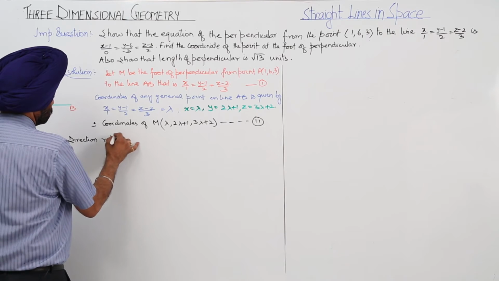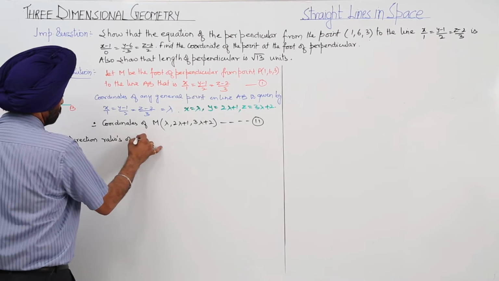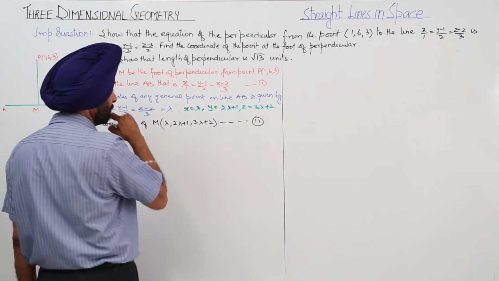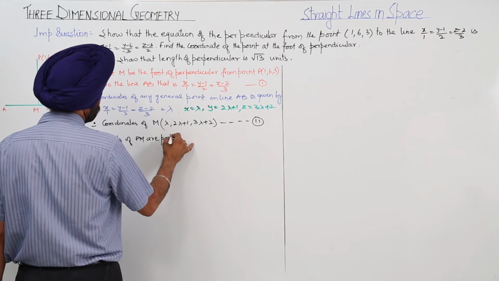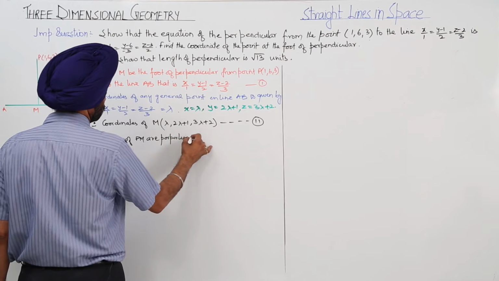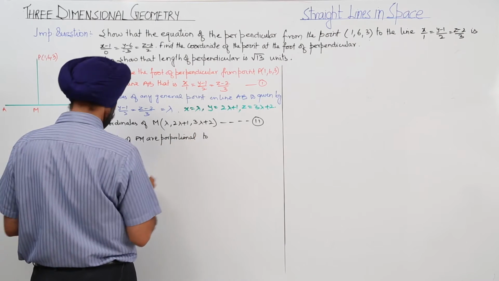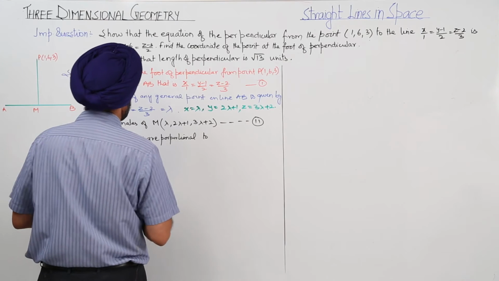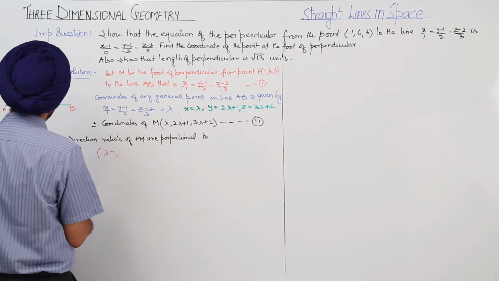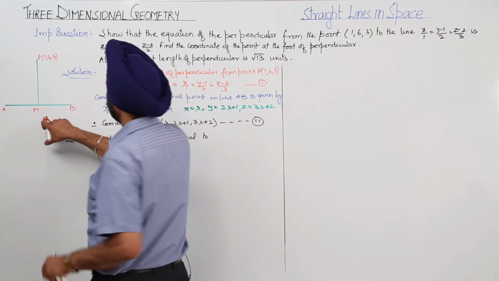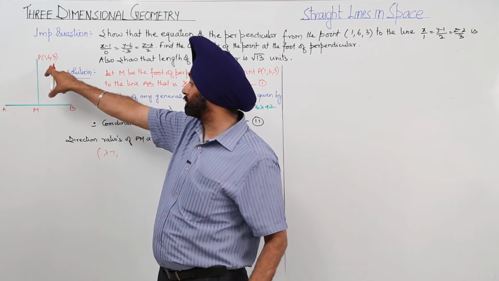Now direction ratios of PM are proportional to the differences of the coordinates of point M and coordinates of point P, that is 1, 6 and 3.